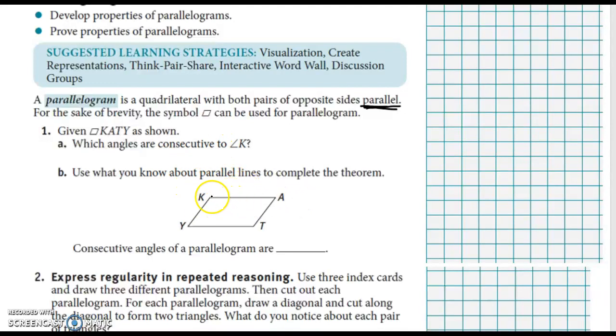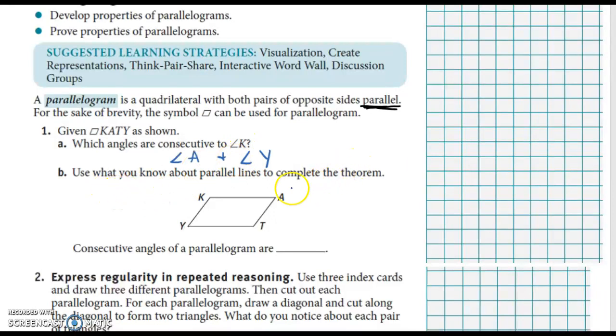But which angles are consecutive to angle K? So go ahead, take a second, pause the video, and see if you can figure out which angles are consecutive to angle K. So hopefully we worked with a partner or with a group, or we were just able to see that both angle A and angle Y are consecutive to angle K.